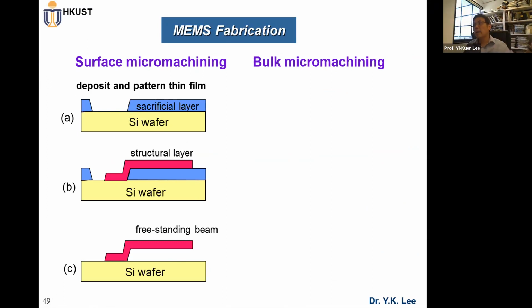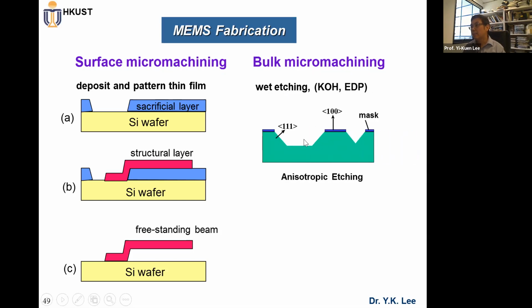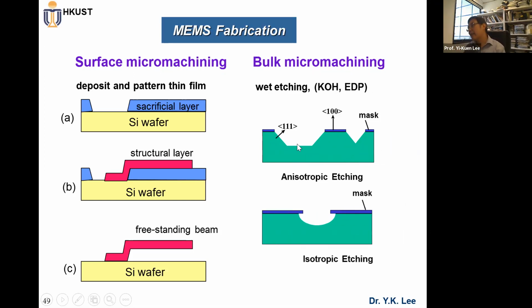Okay. On the other hand, you also have bulk micromachining. Basically, you use wet chemical etching to etch the bulk silicon wafer. Then it depends on the chemical. Sometimes you have anisotropic etching, which means etching of silicon depends on the direction of the crystal orientation, or with some other chemicals it is isotropic etching.